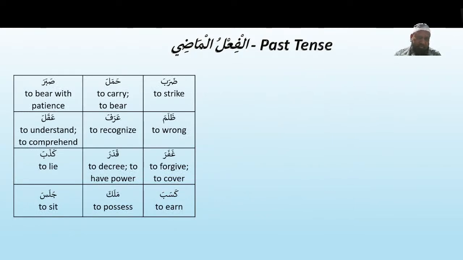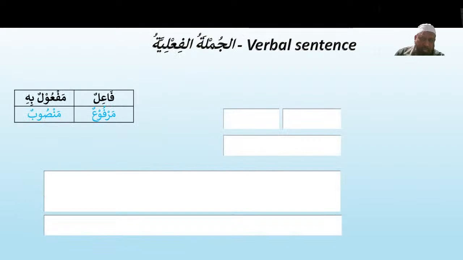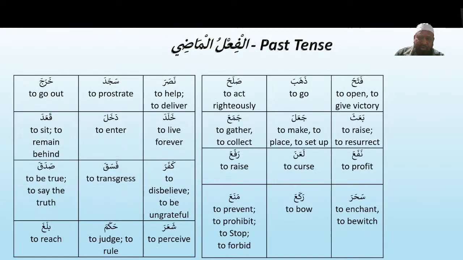This is another group. Do you recognize or remember that we started with this one first, Nasara. Remember this verb. This verb will help us later on. Nasara. Then Fataha.